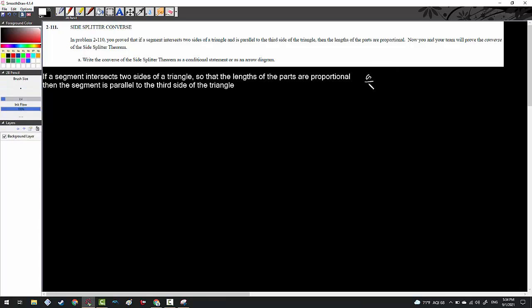So there's our converse statement there. Again, that's the proportional part, A over B equals C over D. Give me a second. I'll go ahead and get part B going.